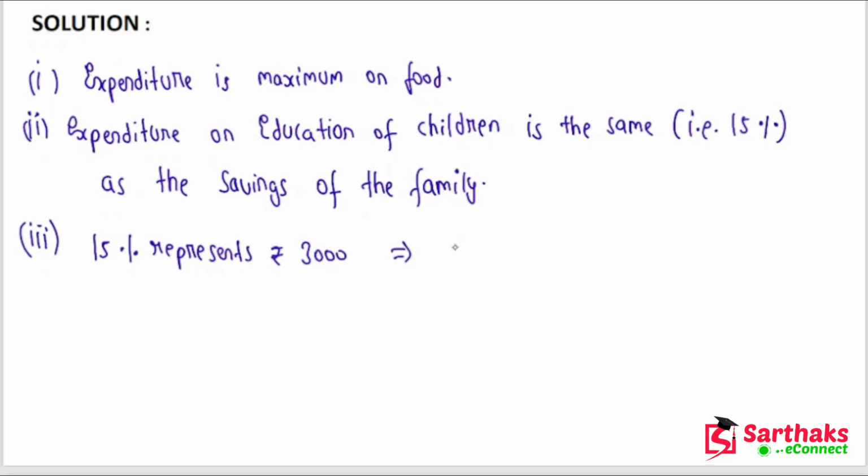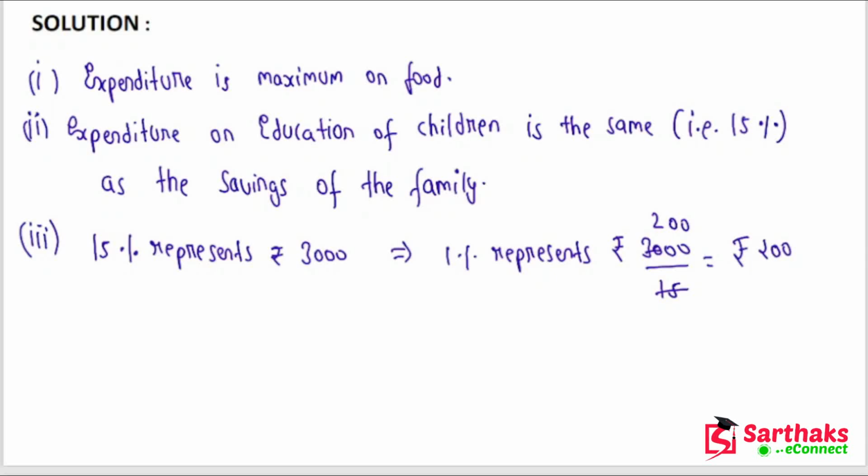So 1% represents, obviously we will divide rupees 3000 by 15. After dividing by 15 we get 200, so it will represent rupees 200, right? So 1% of any expenditure in this particular graph represents rupees 200. Simple, right? So 15% represents 3000, 1% represents 200.